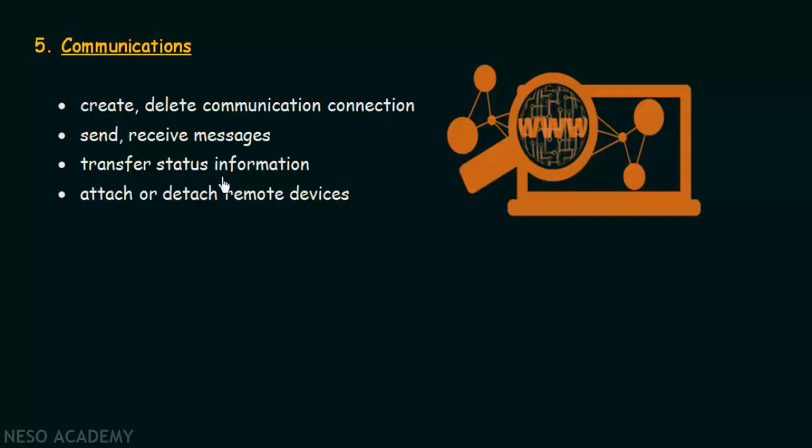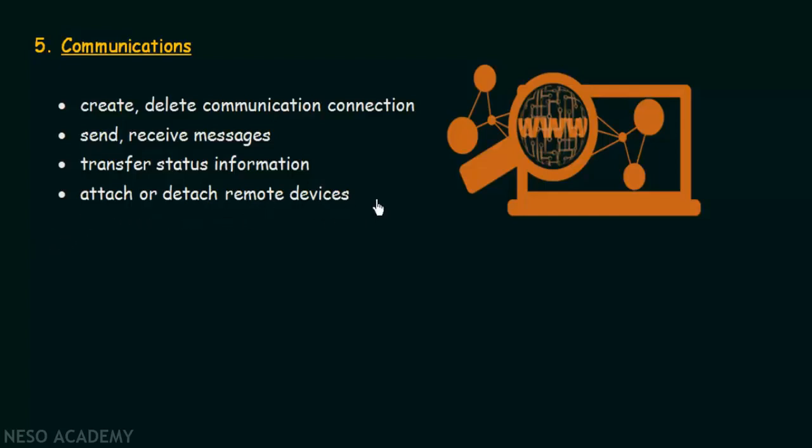Then we have transfer status information. That means when the processes communicate with each other, they may need to report the current status of that particular process. A process may need to say that, yes, I have completed my execution, or it may have to say that I need access to this particular resource. In that way, the process is transferring its status information. Then we have attach or detach remote devices.